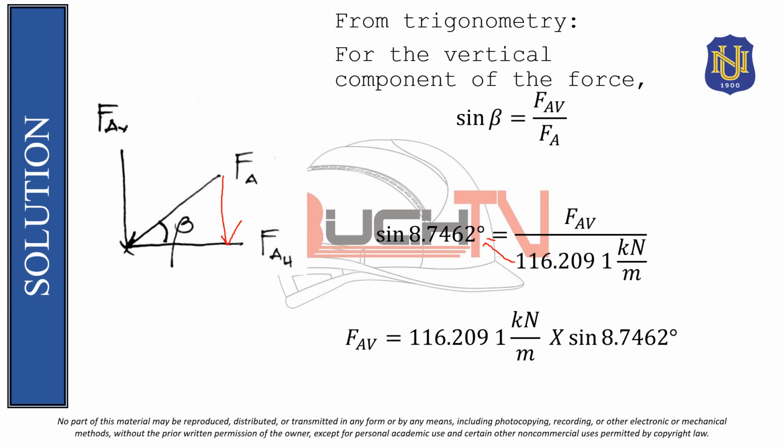Then, may iwan dun sa FAV. We will have FAV is equal to 116.2091 times sine 18.7462 degrees. We will now have a value of FAV, or the vertical component of the active force, equivalent to 17.6705 kilonewton per meter.